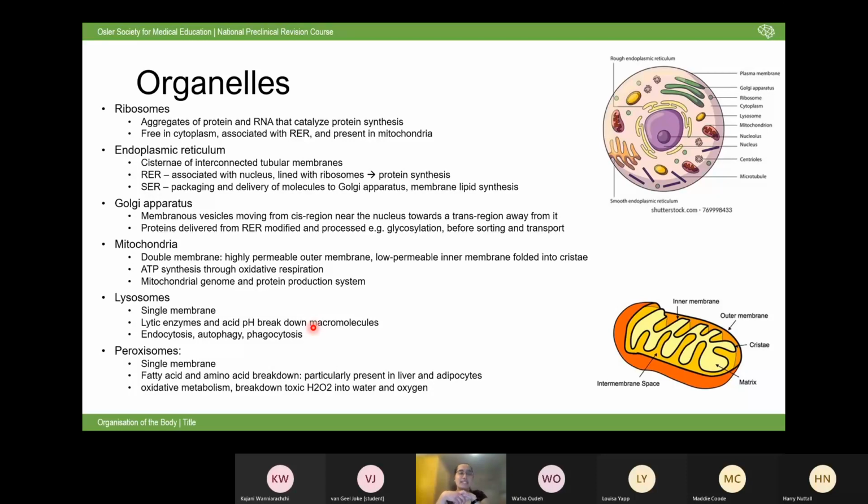And here oxidative metabolism happens, which essentially means that the breakdown of those two things often produces H2O2. And peroxisomes are particularly able to deal with this because they have peroxidases, which are able to break down H2O2, or hydrogen peroxide, into water and oxygen. So that was a whistle-stop tour of organelles.